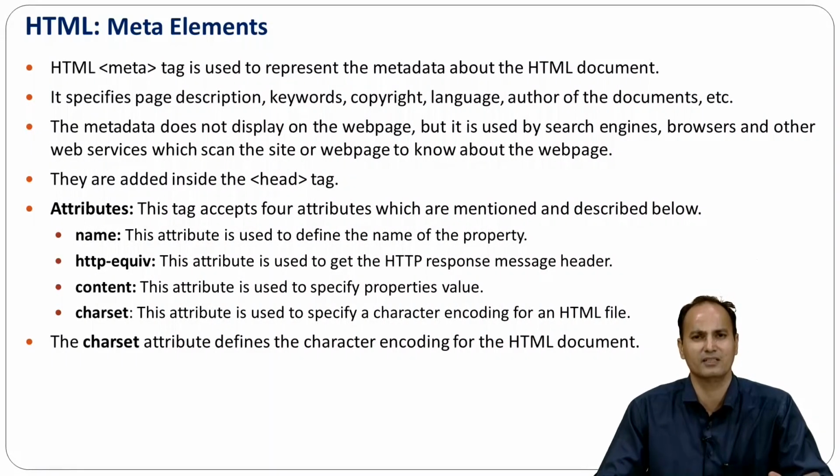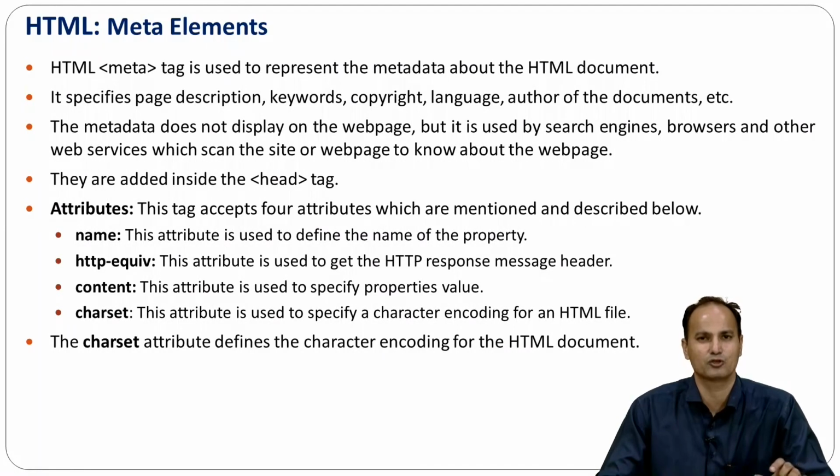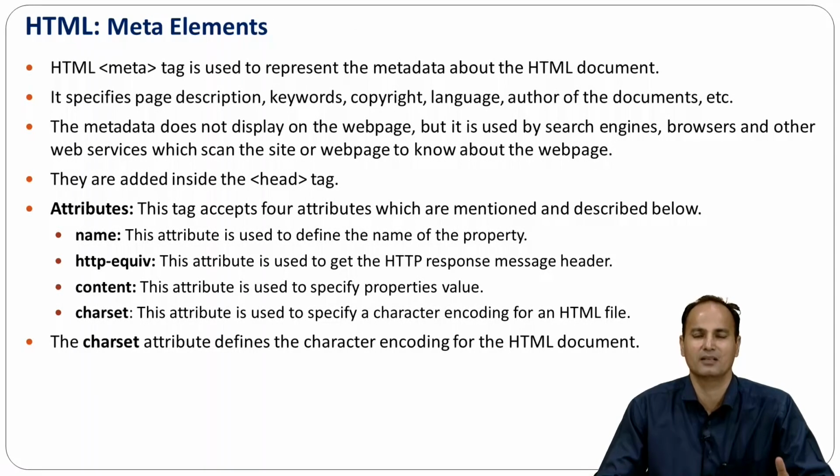As we have discussed in our HTML structure in the previous session, we were writing a meta tag to specify the character set especially. So that was a part of this meta tag. In the same way, apart from the charset attribute, we can also specify other attributes: name, http-equiv, content, and the charset we already discussed.